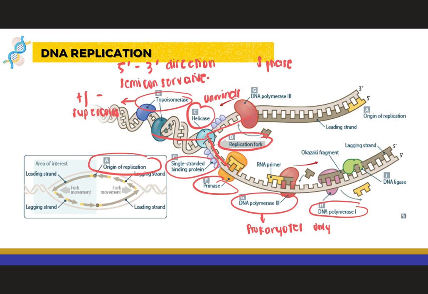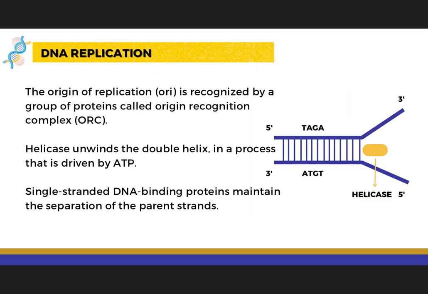We also have your DNA ligase. Your DNA ligase catalyzes the formation of your phosphodiester bond within a strand of double-stranded DNA. Now, let us discuss the different steps in your DNA replication. So, first, the origin of replication or your ORI is recognized by a group of proteins called the origin recognition complex.